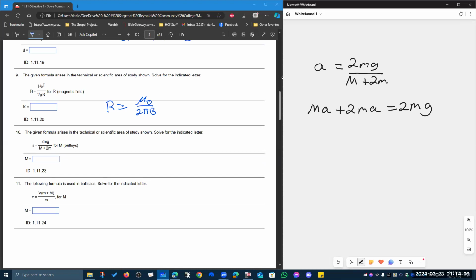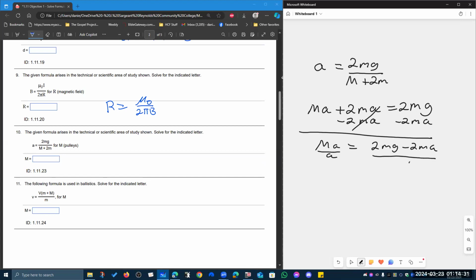And I'm going to get the term with capital M by itself by subtracting 2ma from both sides. Capital M lowercase a equals 2mg minus 2ma. Divide both sides by a, and capital M is equal to 2mg minus 2ma over a.